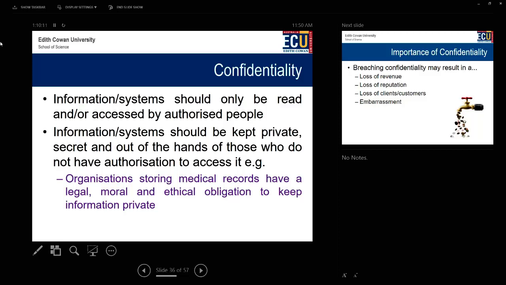Being a unit coordinator, I am marking your assignments, but someone in the faculty who is not associated with this unit has no right to look into your individual marks or your total marks or details about how you're progressing in your course. So the basic idea behind confidentiality is that information and systems should only be accessible by those people who are actually authorized to have access to that information or system.